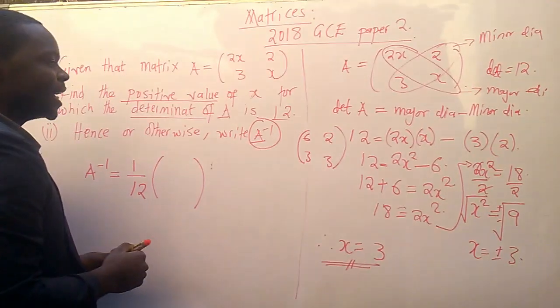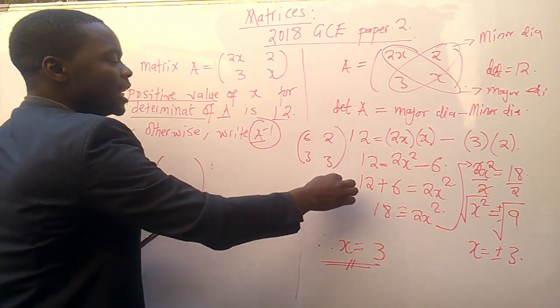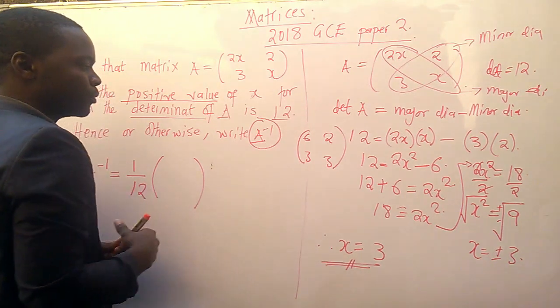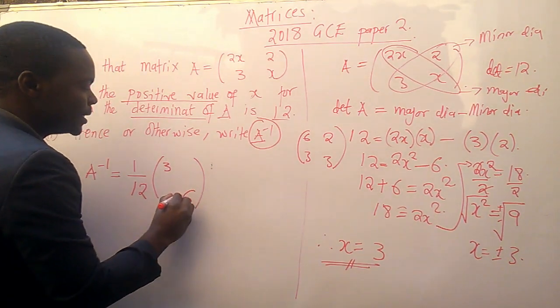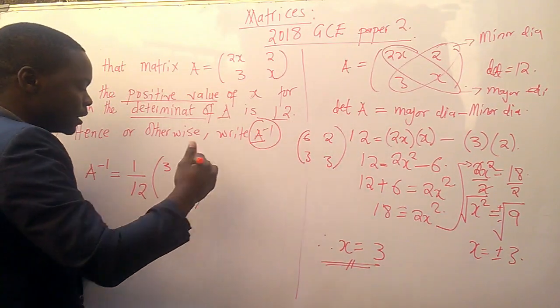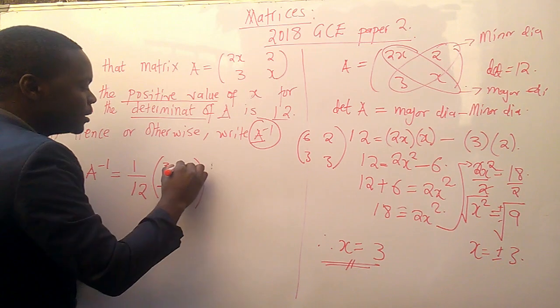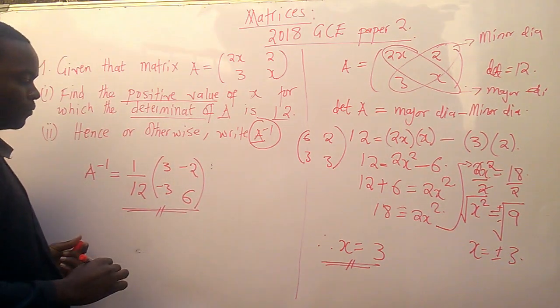Okay. So now try the inverse. I said with the major diagonal, you exchange the elements which are there. You exchange them in terms of the position. So this is going to be 3, this is going to be 6. And then the minor diagonal, you multiply them with a negative. So this is going to be negative 3, this is going to be negative 2.